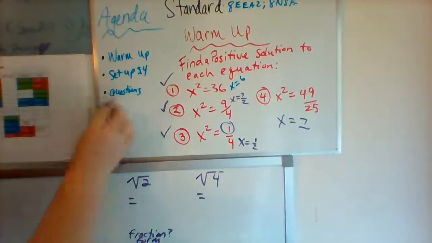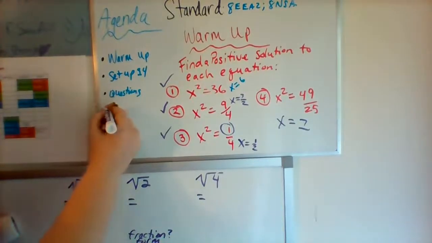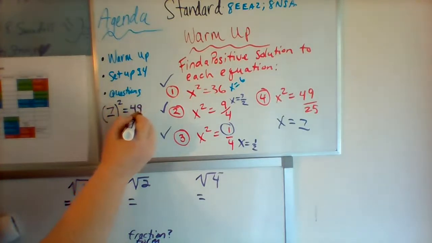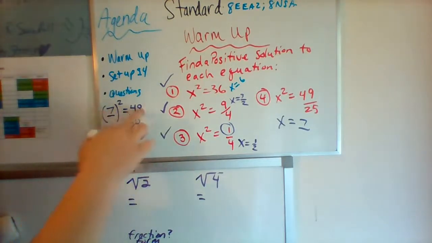Okay, go with one of them. Which one do you want to try? And we'll test it out. Which one? 7 times 7 is 49. Which one do you want to put here?